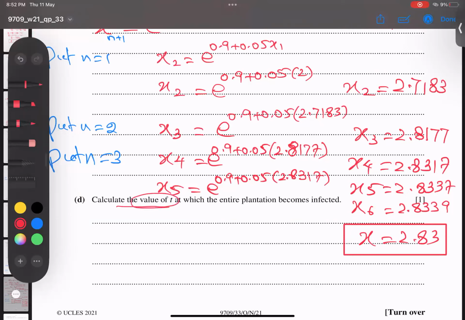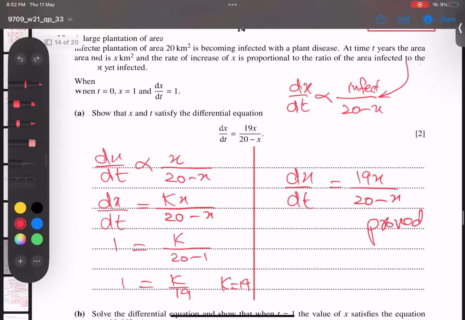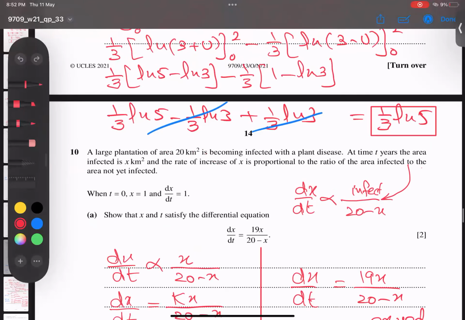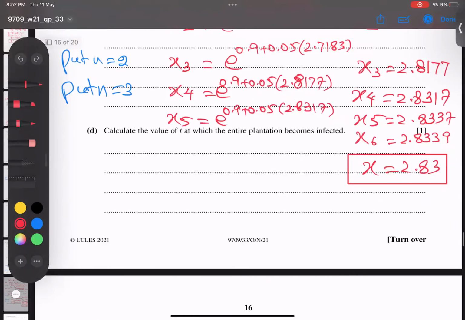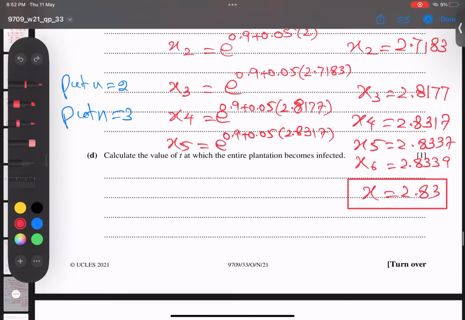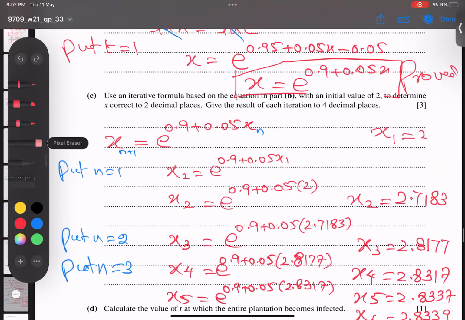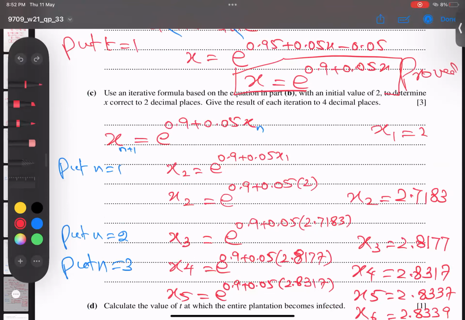Calculate the value of T for which entire plantation becomes infected. Entire. What does entire mean, students? How much total area? 20. It means if I plug in the place of x 20, where is the formula, students? Sorry, this formula.